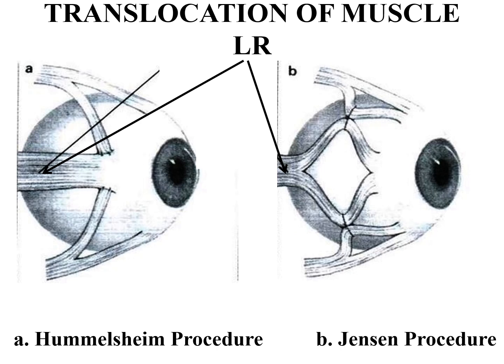It will strengthen the paralyzed muscle, that is the lateral rectus. In case of the Jensen procedure, we divide the belly of the superior rectus and inferior rectus and tie it with the part of the lateral rectus. So by this method, the lateral rectus is strengthened.